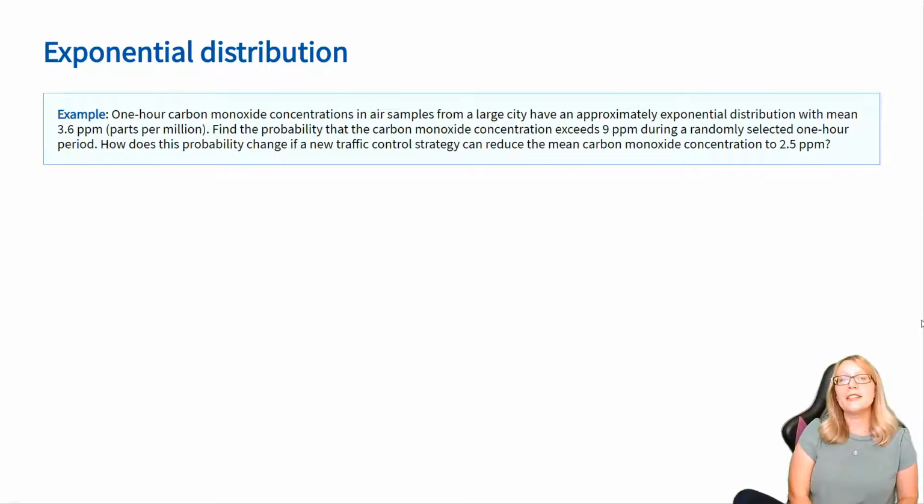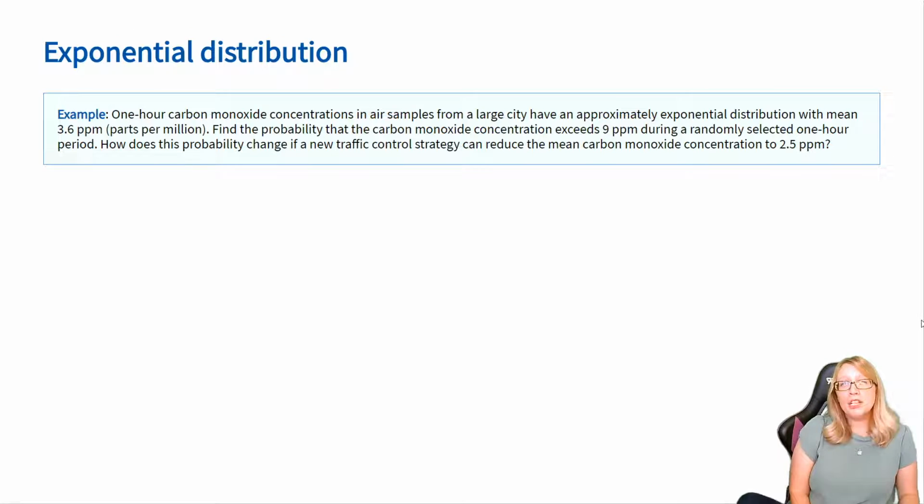Let's take a look at an example using this exponential distribution. One hour carbon monoxide concentrations in air samples from a large city have an approximately exponential distribution with mean 3.6 parts per million. Let's find the probability that the carbon monoxide concentration exceeds 9 parts per million during a randomly selected 1 hour period.